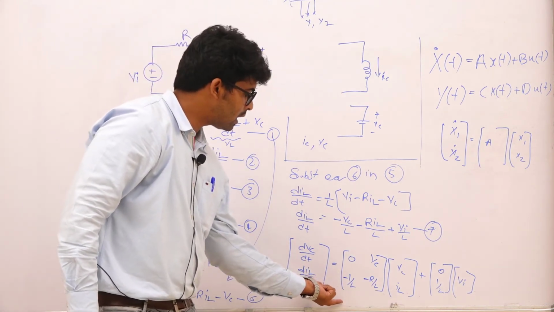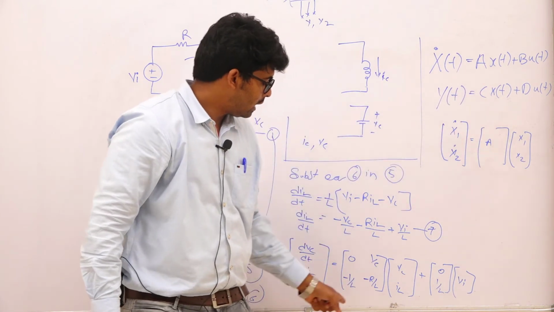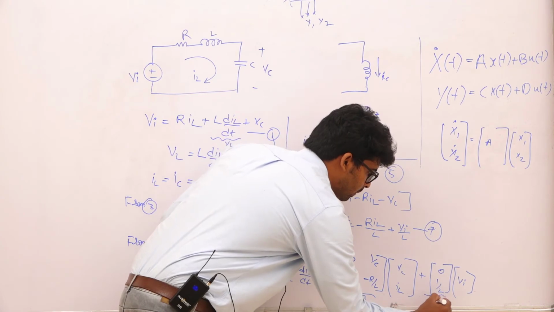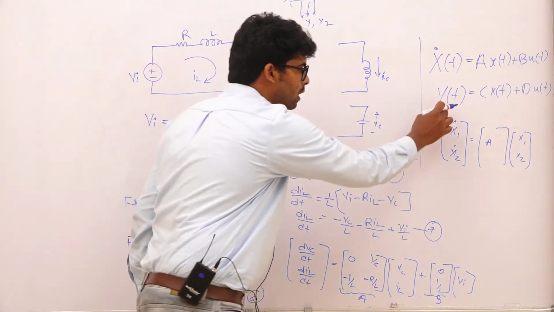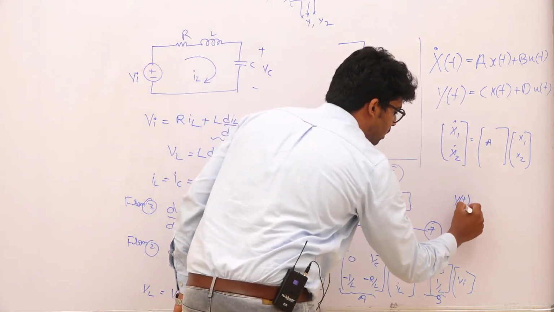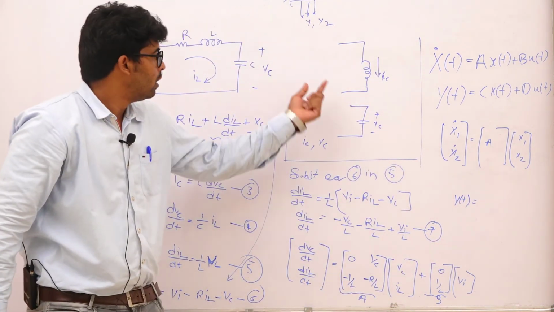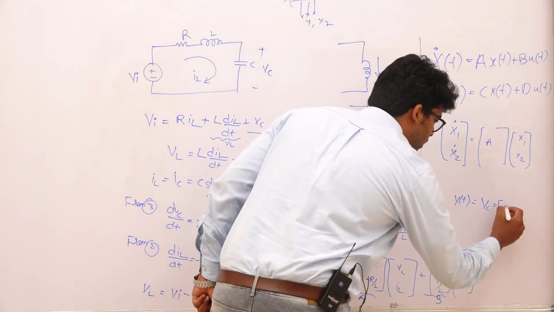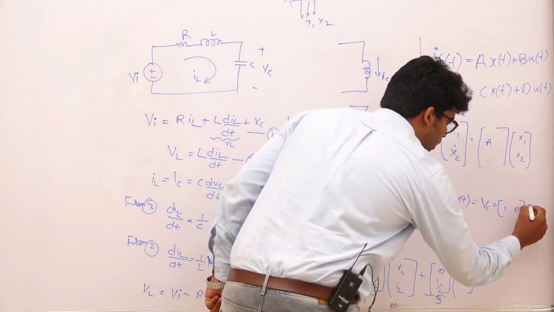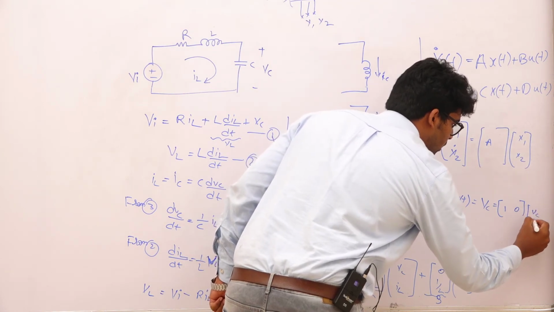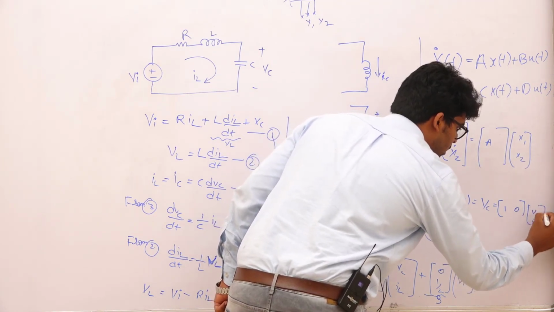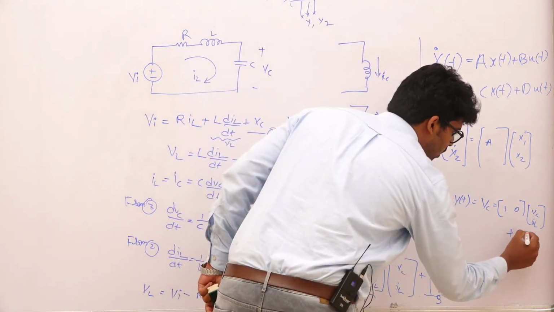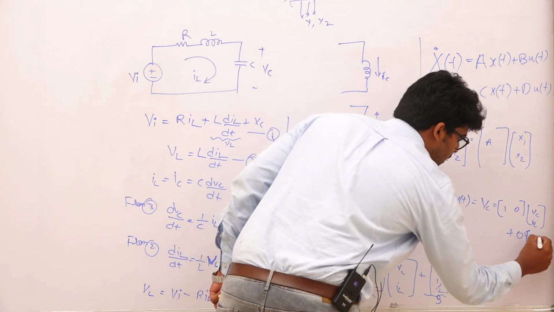So if you compare this equation with this equation, you will get the matrix, this as A and this as B. Okay? And for the output equation, y of t equal to, so what output do you take? Vc. So Vc equals 1, 0 times Vc and IL, plus the output with respect to input is 0 times Vi.